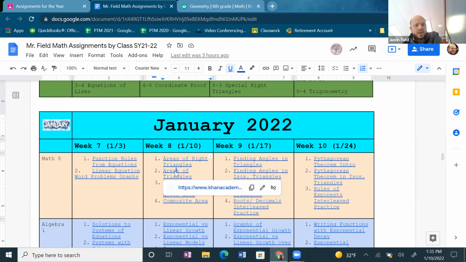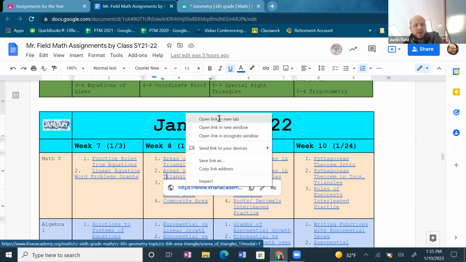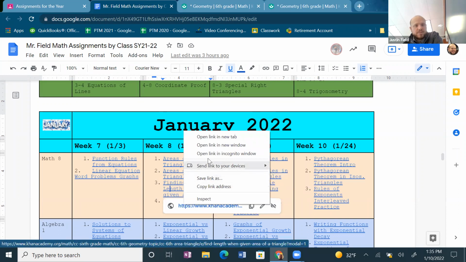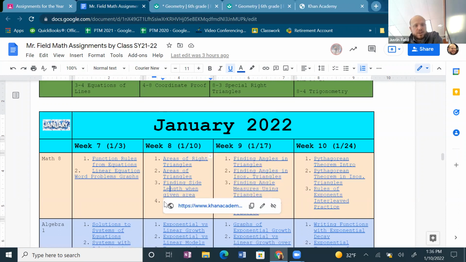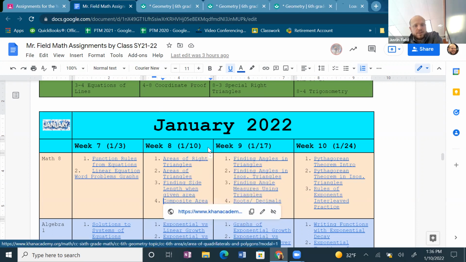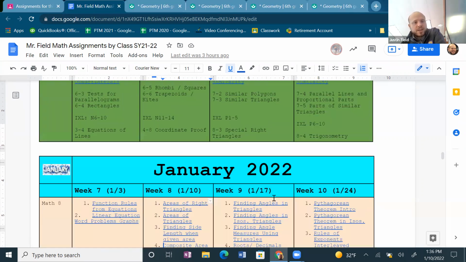Although, as you can see from this document, we will not stop talking about algebra. We will be interleaving our algebra in as we learn, and you can look. So rules of exponents is going to be in a couple weeks.